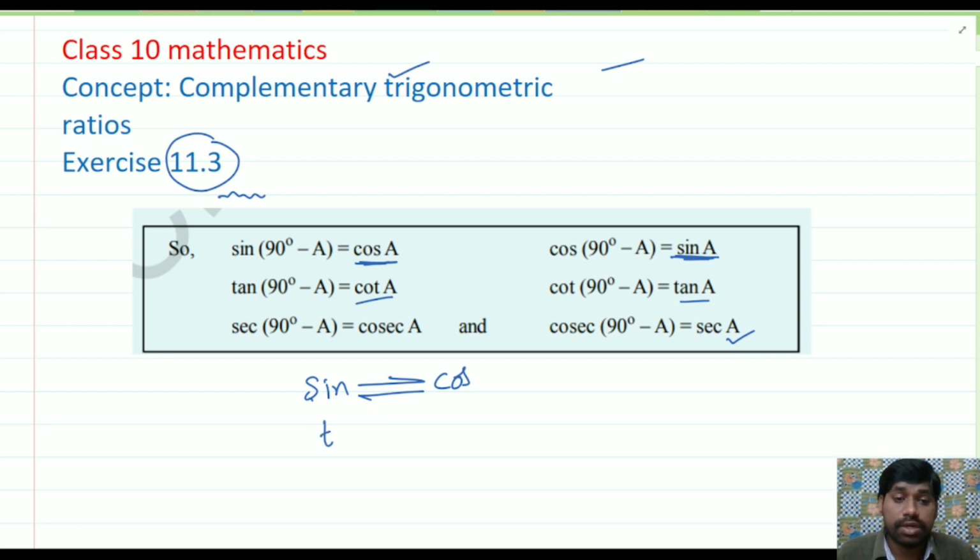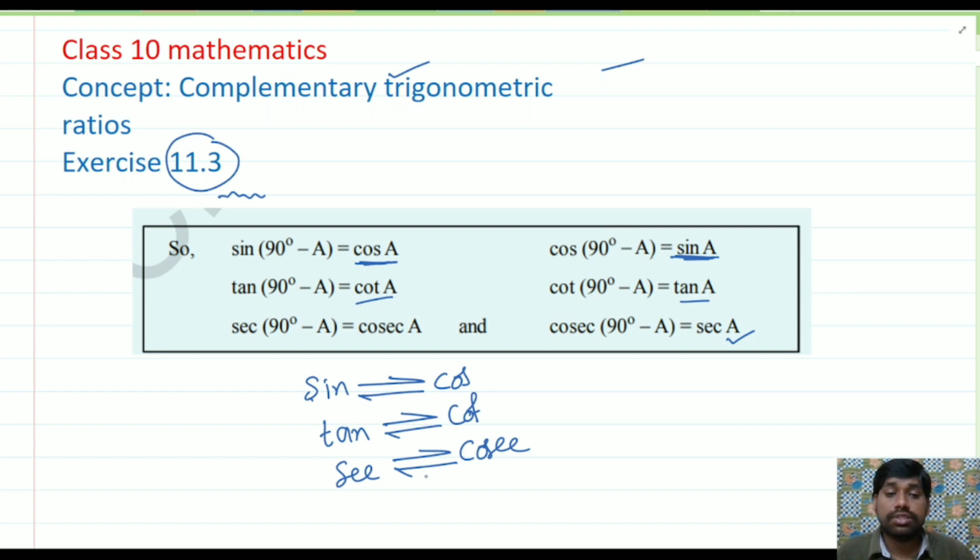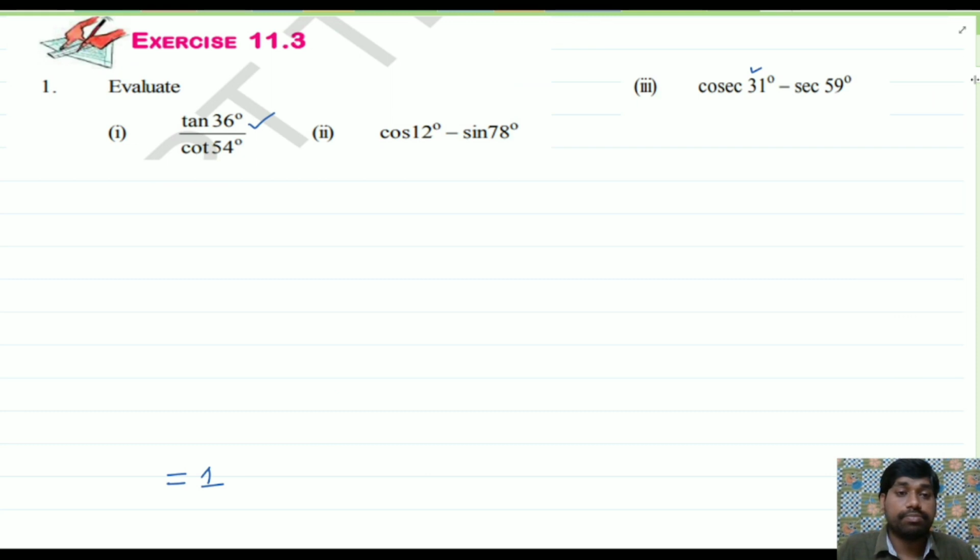Similarly, you have to remember tan 90 minus a is cot a, cot 90 minus a is tan a, and secant 90 minus a is cosecant a, cosecant 90 minus a is secant a. With this basic idea, you can solve the rest of the questions easily.